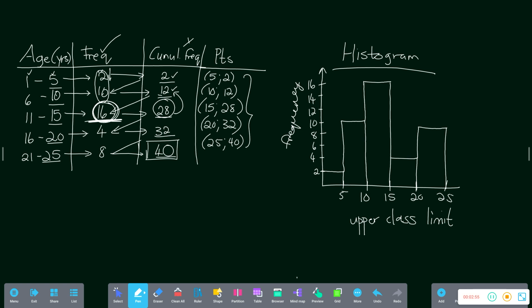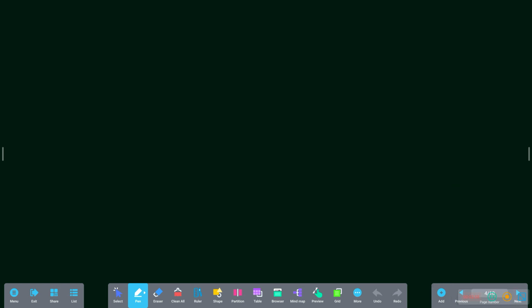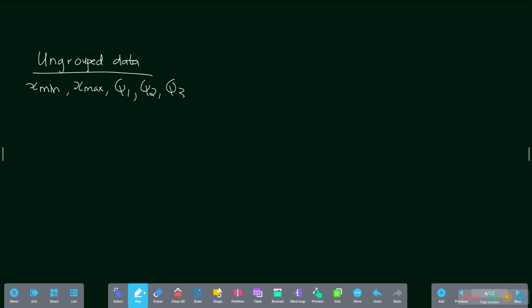Important things to remember on this topic of data handling is that we are working with ungrouped data. With ungrouped data, we have the 5-number summary, which is the minimum value of your ungrouped data, the maximum value, and then your quartiles, Q1, Q2, and Q3. We use this information to draw a box and whisker diagram.